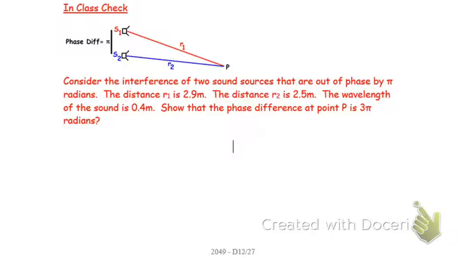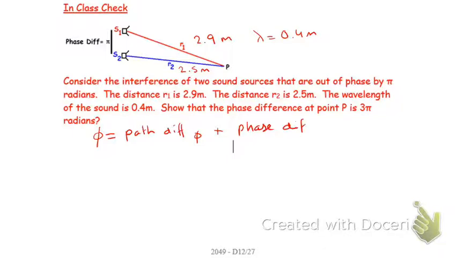So here's an example: interference of two sound sources. This is 2.9 meters, and this is 2.5 meters, and my lambda is equal to 0.4 meters. I say that my phi is equal to my path difference phi plus my phase difference phi.